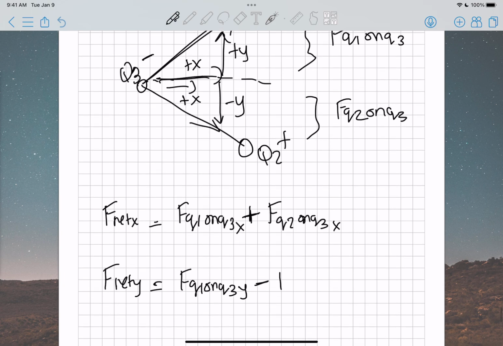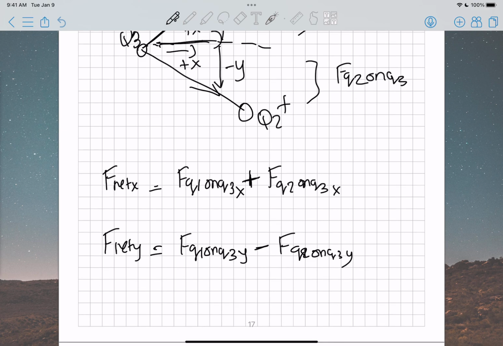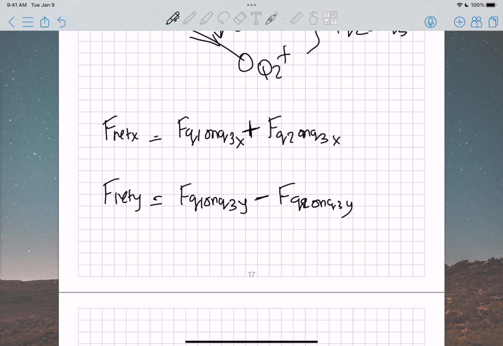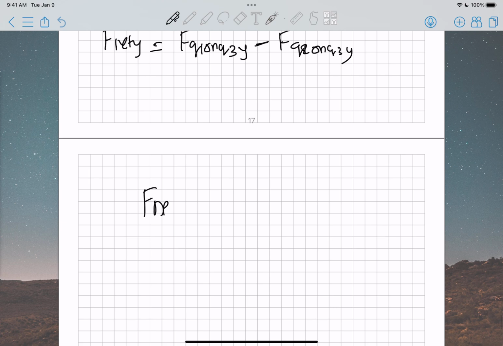But then we have minus F Q2 on Q3 y, because it's in the negative y-axis. When you plug in these values, you should get your F net x and your F net y. And then F net would simply be equal to the square root of F net x squared plus F net y squared. Does that make sense for your F net?